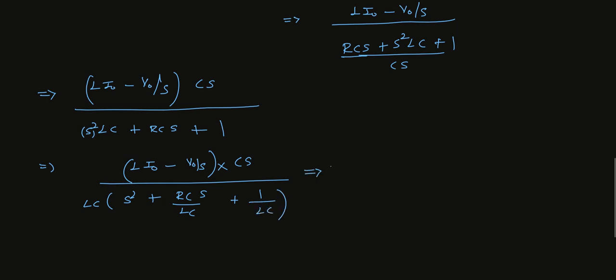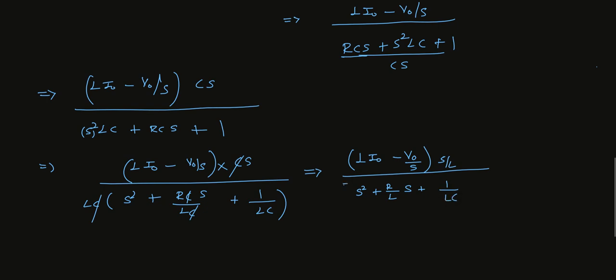So this will be L into I naught minus V naught by S. So here C will get cancelled, so this is S by L divided by S square plus, you can see C will get cancelled, we are left with R by L into S plus 1 by LC.